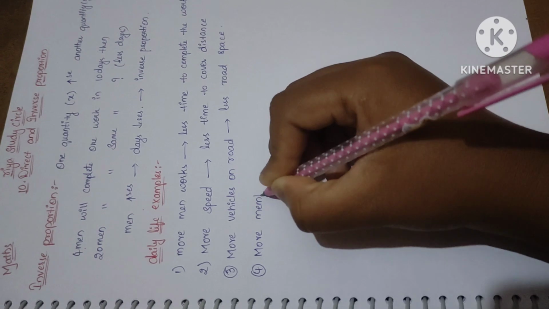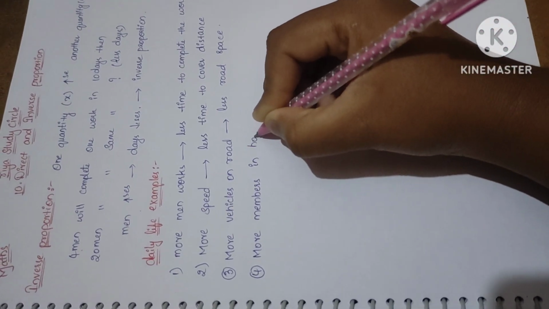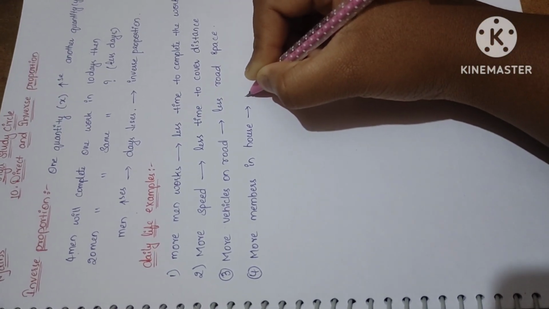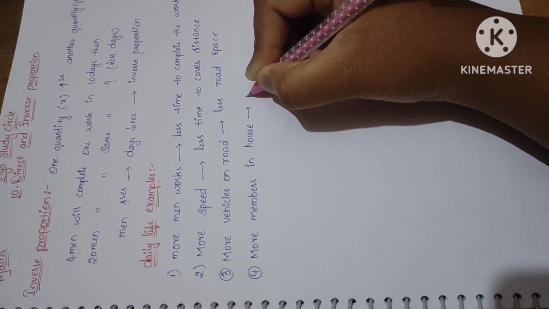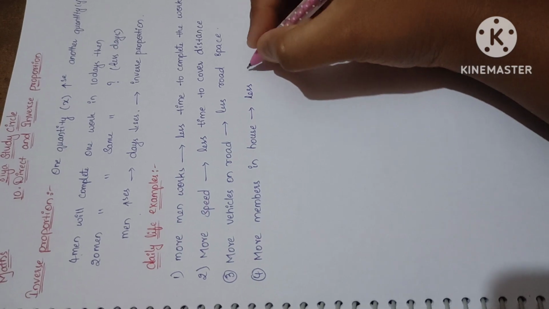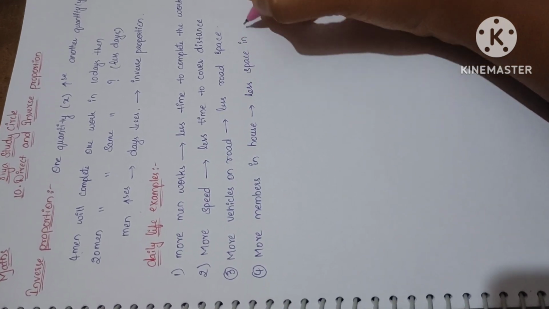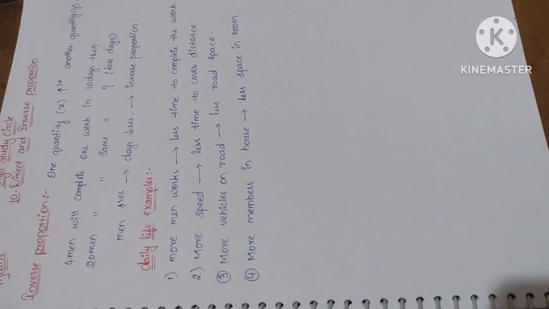Same like this, you can also say more members in the house, less space in the room. If the number of people increases, then the space in the room also decreases. So here also one quantity increases while the other decreases. This is also an example for inverse proportion. In the same way, we can give a lot of examples for inverse proportion.